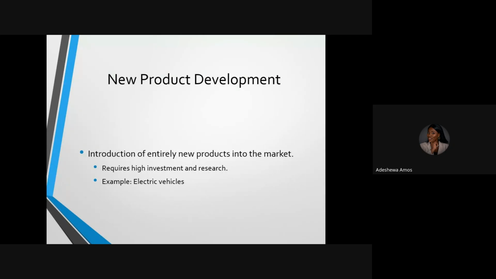And finally, when you get your information and you've evaluated and analyzed them, you now start investment because you have to buy whatever. It's something maybe you were not producing before. So now you have to start it. So you will need a lot of money, a lot of investment to do that.